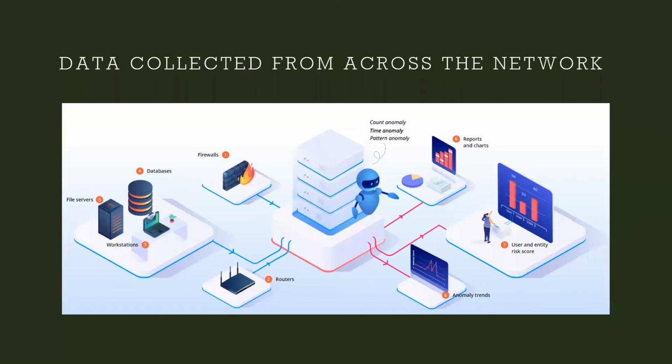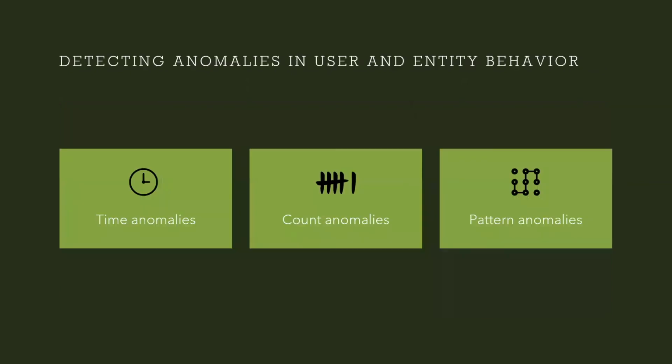Now let's talk about how the analysis and contextualization can actually take place and how anomalies can be detected. As you can see on this slide, there are 3 primary types of anomalies that your machine learning system has to detect. These are time anomalies, count anomalies, and pattern anomalies. To find out what's anomalous, we first need to calculate a baseline of expected activity for every user and entity in the network.